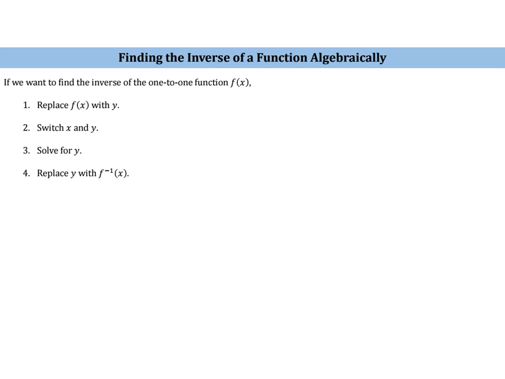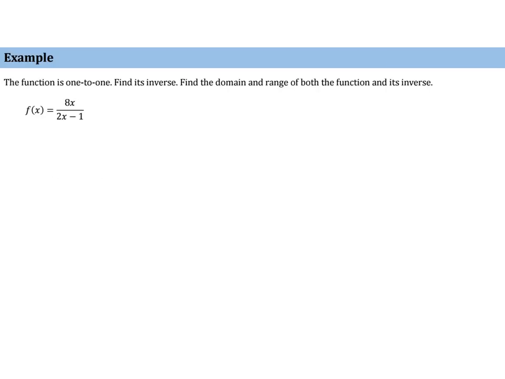So how do we find an inverse of a function algebraically? Well, we start by replacing f of x with y. We switch x and y and solve for the new y, and then our new y is actually f inverse of x. So here we have a function. It's 1 to 1, so what we're going to do is find its inverse algebraically.